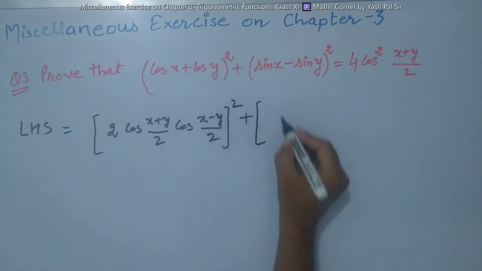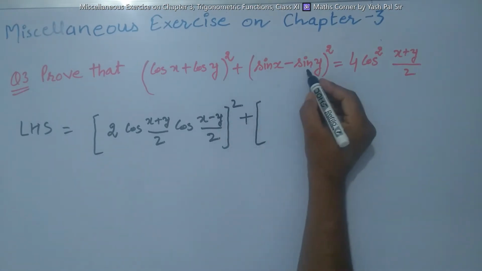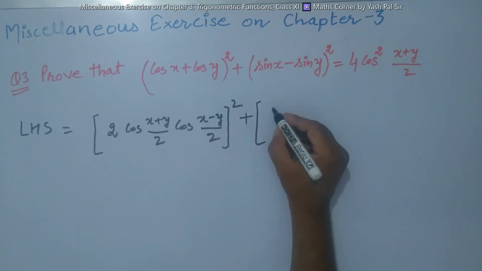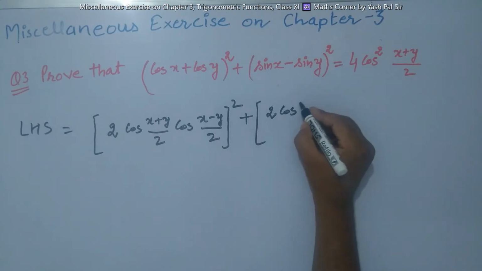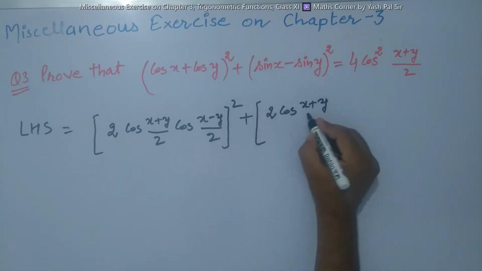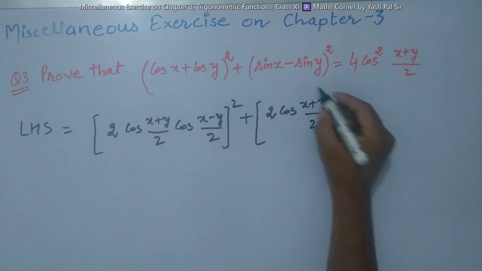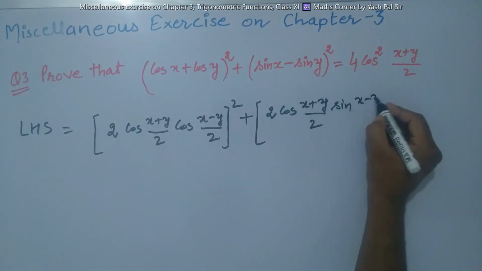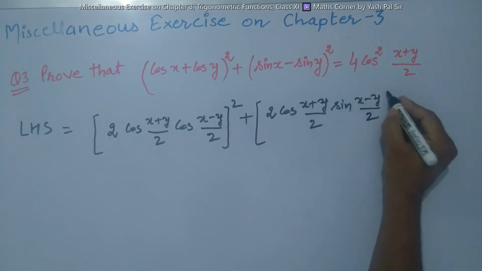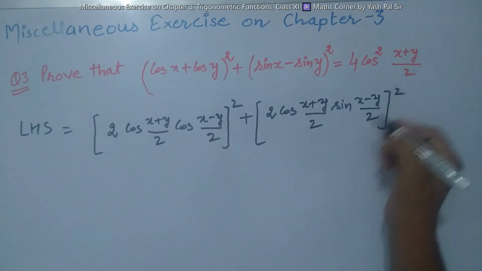Similarly, applying here the rule sin C minus sin D, which is equal to 2 cos (C plus D) x plus y upon 2 into sin (C minus D) x minus y upon 2, its whole square.